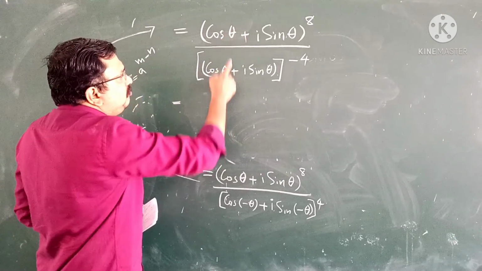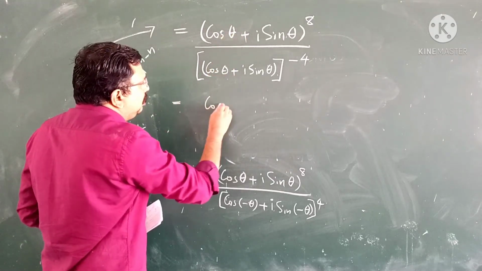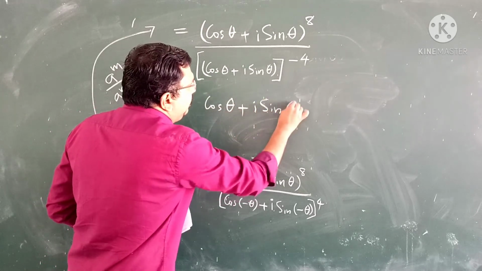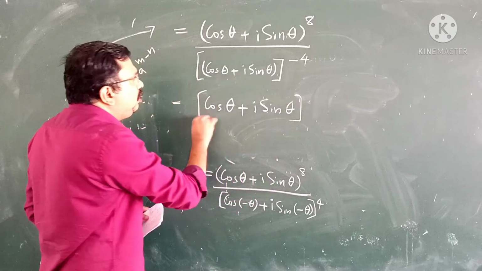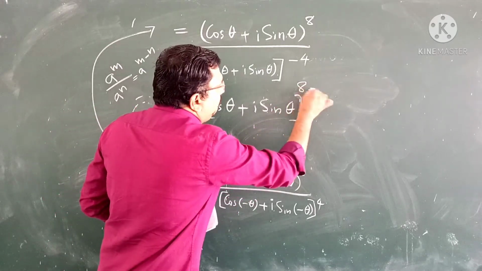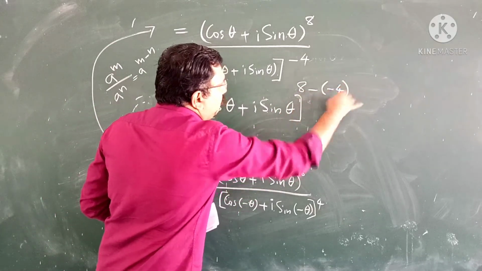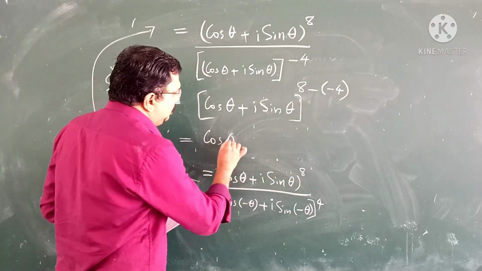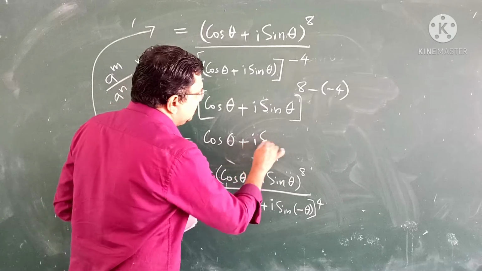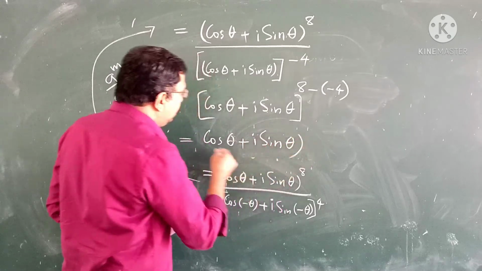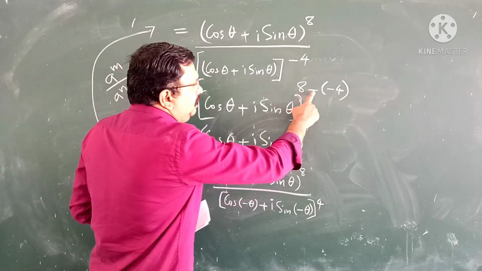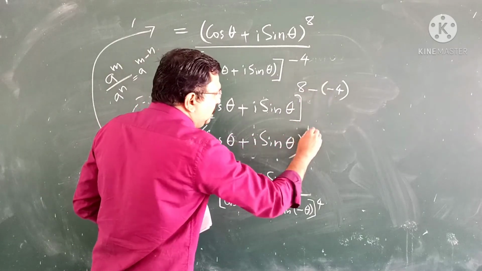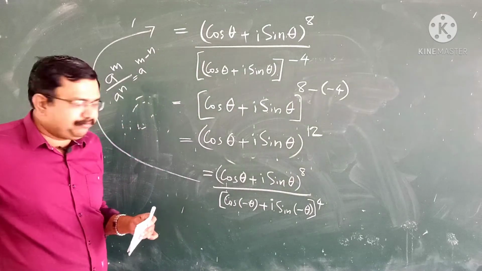Therefore this expression becomes (cos θ + i sin θ) raised to 8 minus (−4), which is 8 plus 4, that is equal to 12.